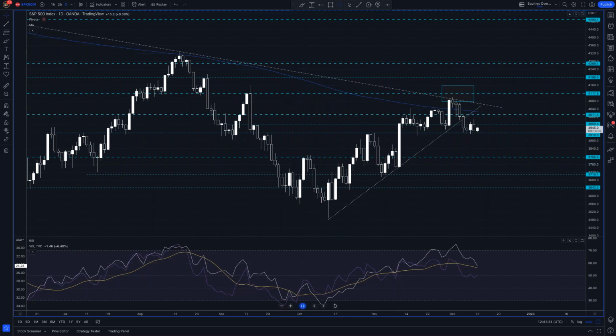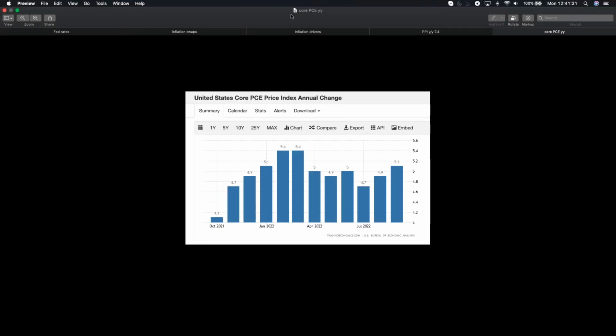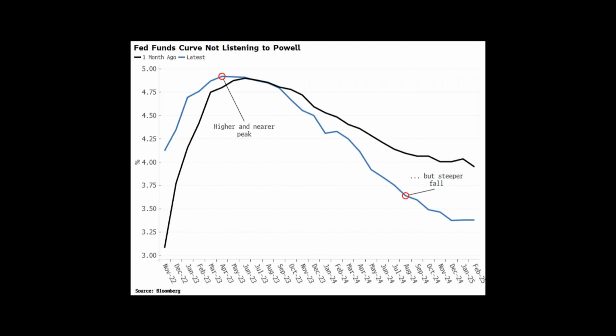Now, I want to briefly start getting us into the frame of mind for what's going on for the Fed, because that's going to be the main decision this week. The interest rate curve for the Federal Reserve has been shifting recently. Basically, Fed funds expect interest rates to peak higher, that's the blue line, but fall lower.